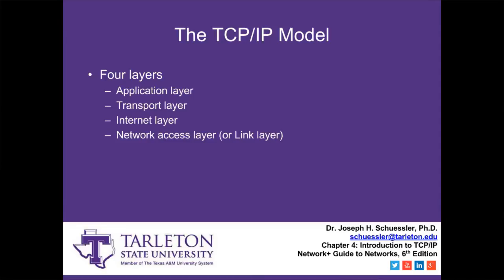Now, the TCP IP model is very similar to the OSI model, except instead of having 7 layers, it has 4 layers. And the next slide we'll see how those layers relate to each other, but it's really pretty intuitive, I think. There's the application layer, which is the layer that's closest to us as an end user.